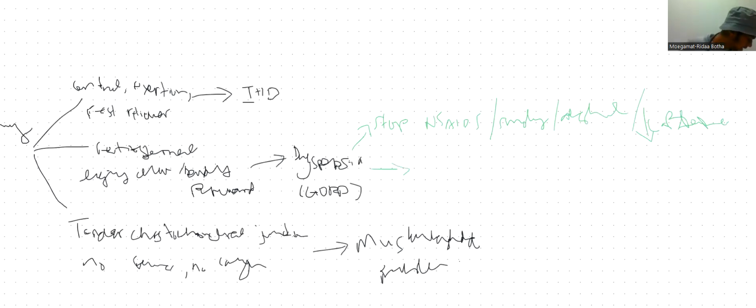Another management is the lansoprazole, right? And lansoprazole is a proton pump inhibitor. Okay, 30 milligrams daily for 14 days.